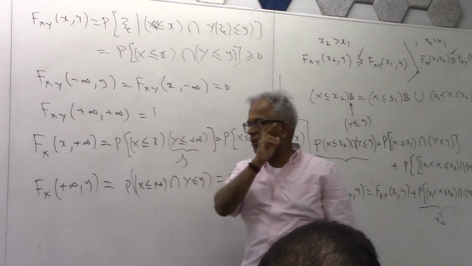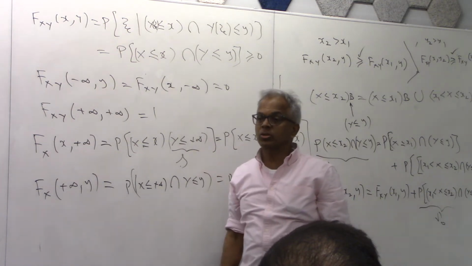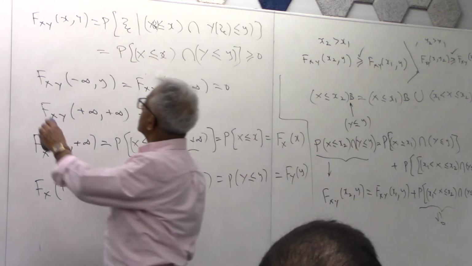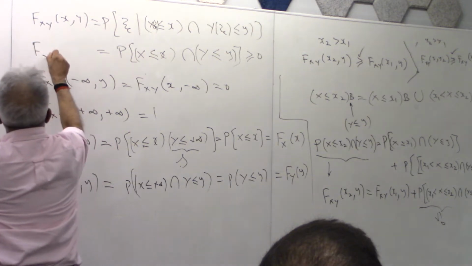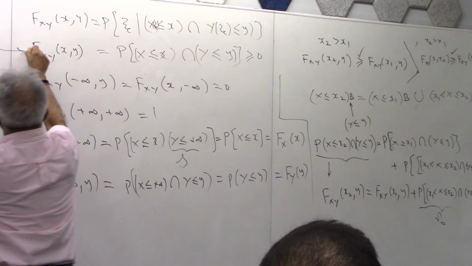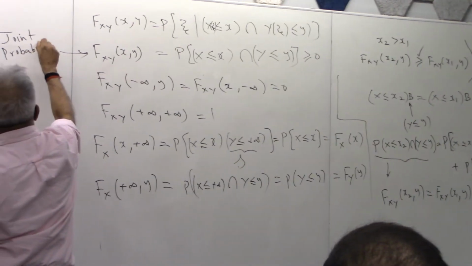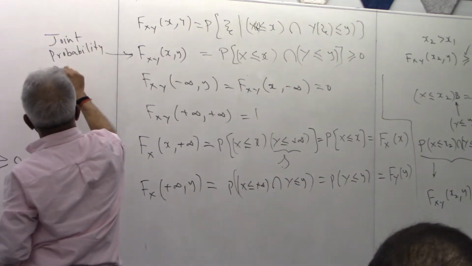So it has all the properties of a distribution function. So we will call this a joint distribution function. We are dealing with the probability distribution function.